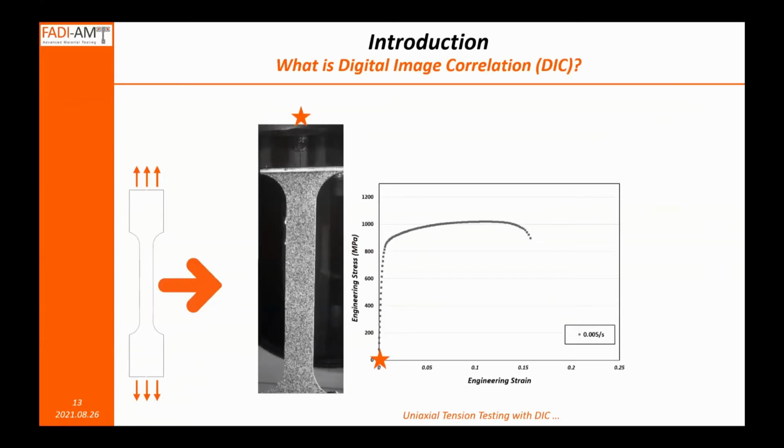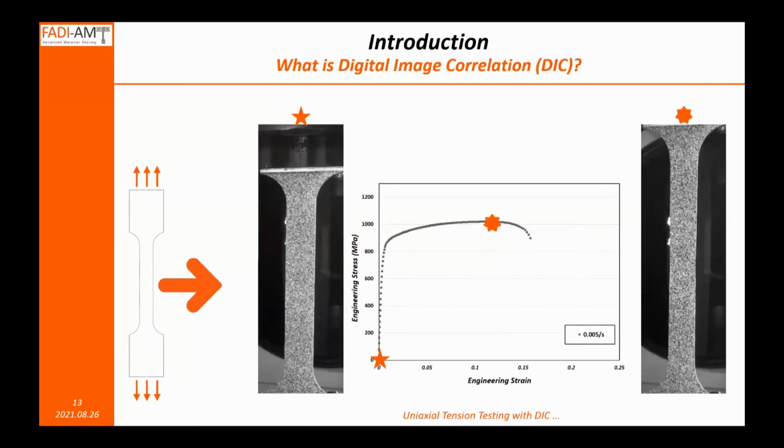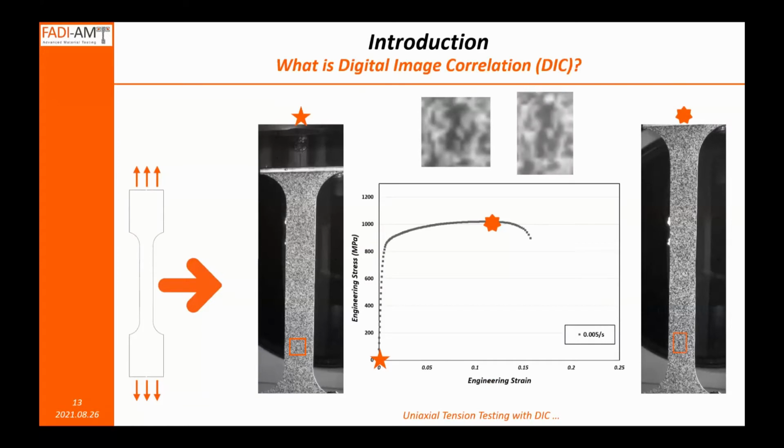On a tension test, if you take, for example, this schematic for a tension test, the starting image is there, and then somewhere down the road in the test, right before failure or somewhere before failure, we took another image there. So the whole idea is to take those facets, and I just basically identified this zone here of interest as a facet, and tracking this particular zone later in the test.